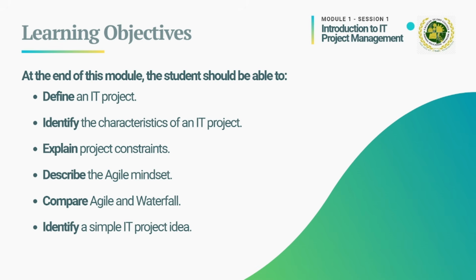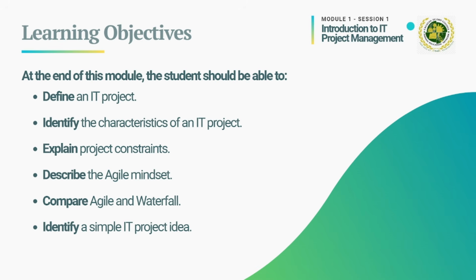Number three, explain project constraints. We're going to learn how important it is for the constraints to be present on a project. Number four, describe the agile mindset. This is going to be session two for module one. Then compare agile and waterfall. These are the methodologies that we're going to be discussing in session two. And identify a simple IT project idea.